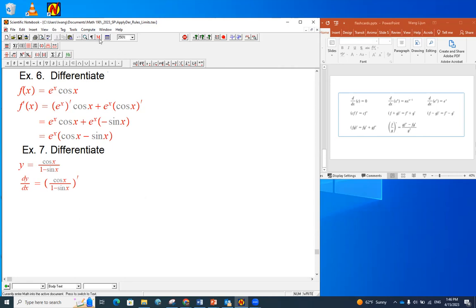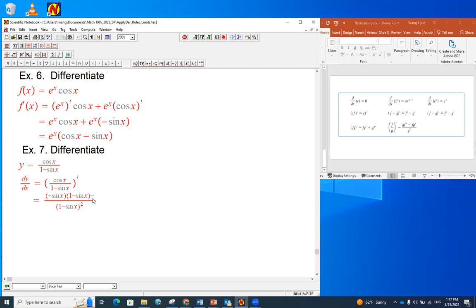That equals the square of the denominator, so 1 minus sine x squared. And we differentiate cosine, that's going to give us negative sine, multiplied by 1 minus sine x. We're following the formula. It doesn't change.